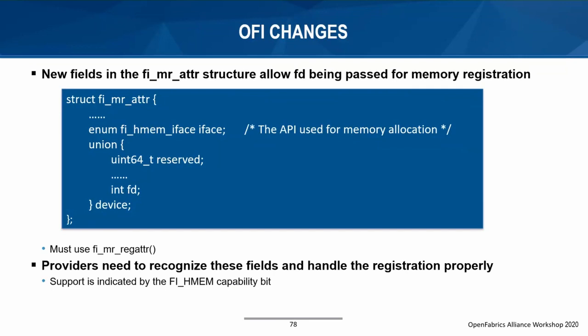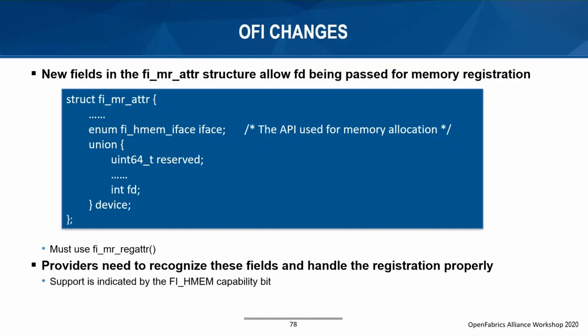This could include other GPU APIs, but here, DMA-BUF is going to be a separate interface. For this separate interface, we have the actual file descriptor parameter through the device field. The provider needs to recognize this field and handle the registration properly. If the provider has this support, it indicates this by a special capability bit, FI_HMEM.